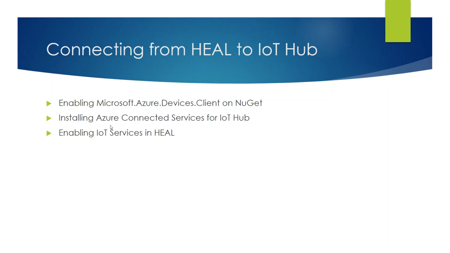And then a good option is installing Azure Connected Services for IoT Hub. Installing this add-on, this extension, will allow us to easily install a code snippet and insert that into our program. I'll show you how that can help us.